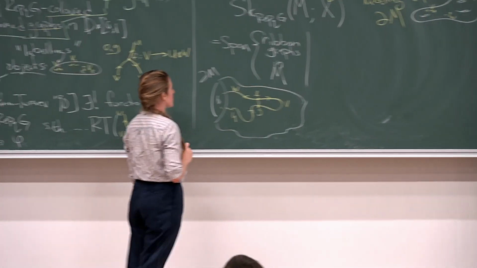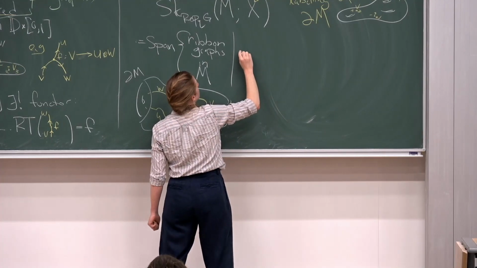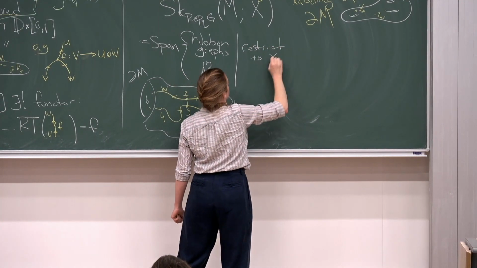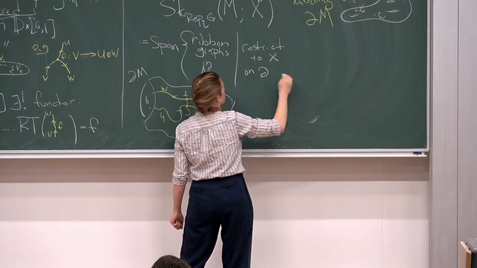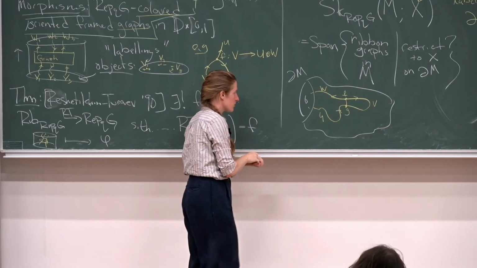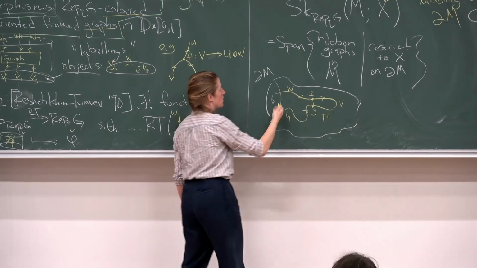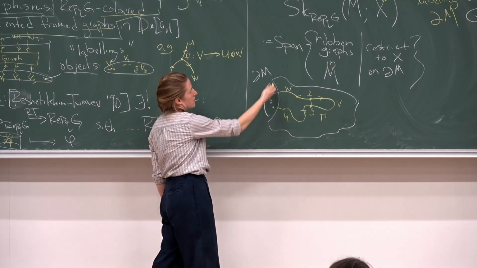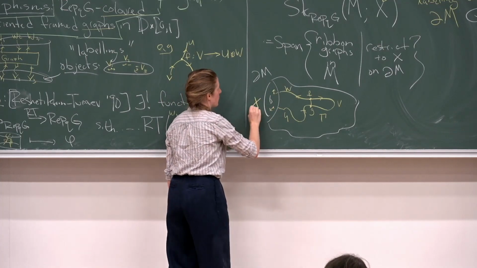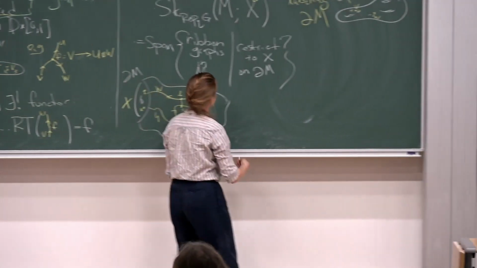I require that they restrict to X on the boundary of M. So if I take one of these graphs, gamma, and restrict it to the boundary, the graph will intersect the boundary in a series of points, and this I require to be X, like this. So I have this.